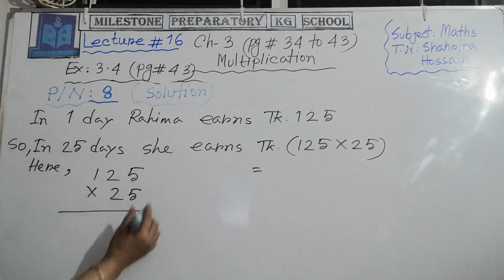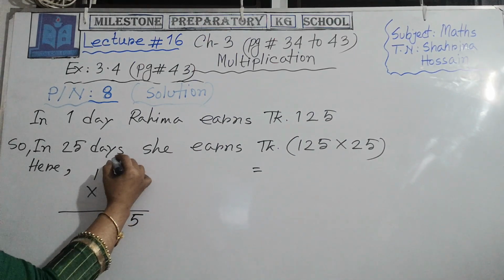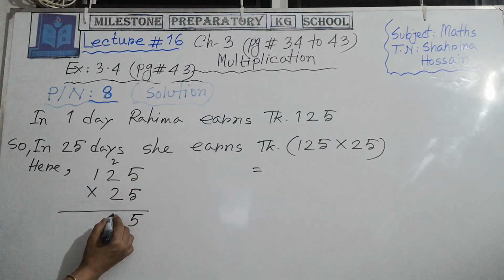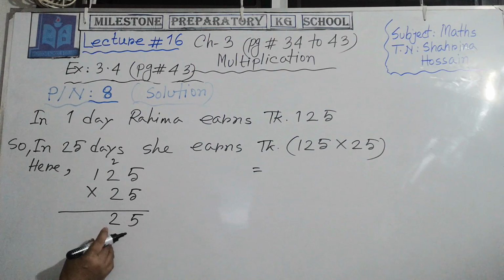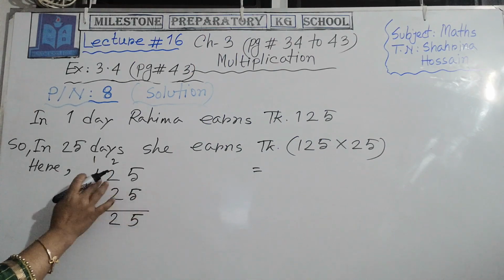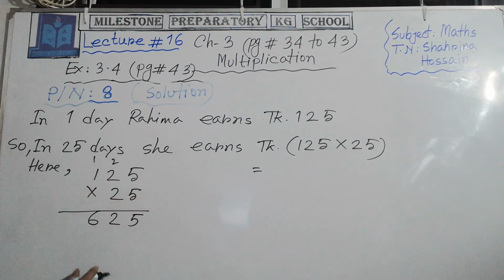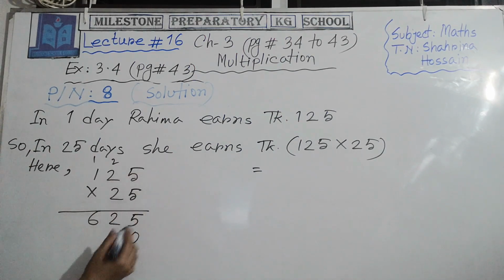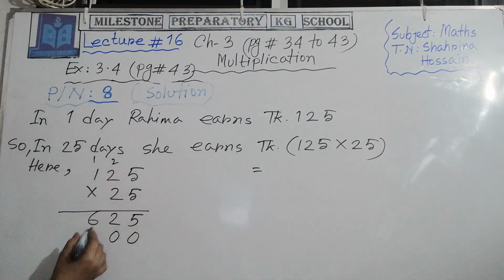5 5s are 25. 5 is here, 2 is in our hand. 5 2s are 10 plus 2, 12. 2 is here and 1 is in our hand. 5 1s are 5 plus 1, 6. So now here is 0 because we already did the unit place activities. Now 10. 2 5s are 10. 1 is in our hand. 2 2s are 4 plus 1, 5. 2 1s are 2.